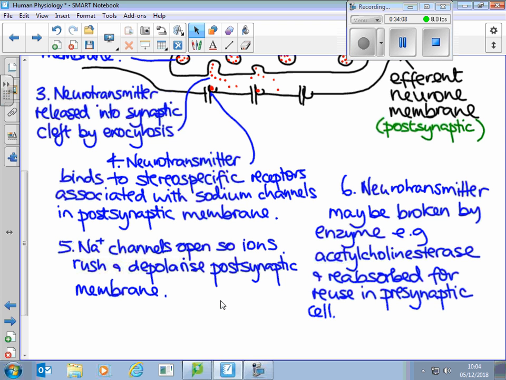What hormone would do that? Adrenaline, yeah. And the neurotransmitter works in exactly the same way, and it's called noradrenaline, and it just has a slightly different structure. So adrenaline and noradrenaline are pretty much the same thing. But adrenaline is a hormone, noradrenaline is a neurotransmitter. It's just that it's a neurotransmitter that works in the part of the autonomic nervous system that has the same effect as adrenaline.